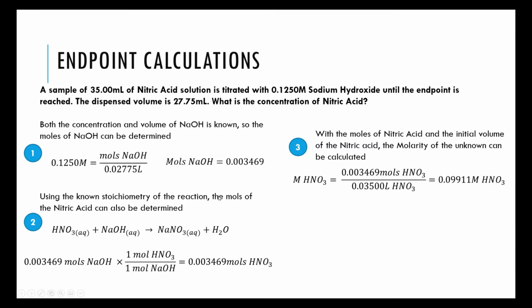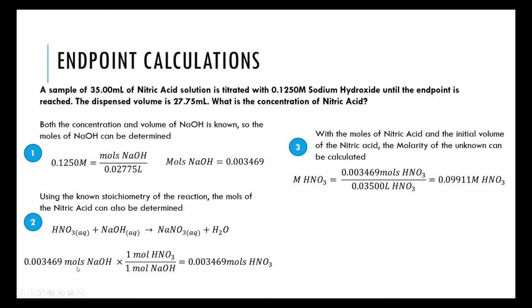Then you do need to know the balanced chemical equation. Looking at the balanced chemical equation, 1 mole of nitric acid will react with 1 mole of sodium hydroxide to produce 1 mole of sodium nitrate and 1 mole of water. The reaction ratio between these two components is 1:1.